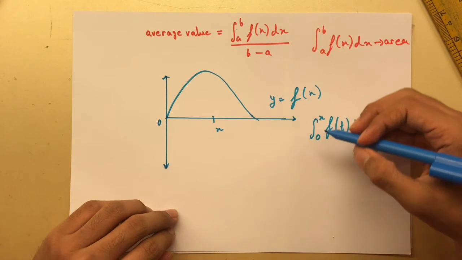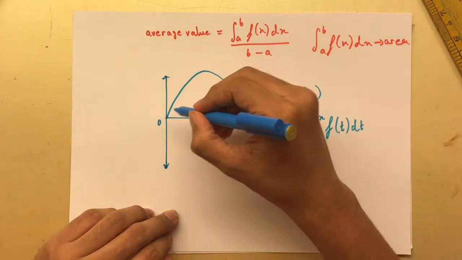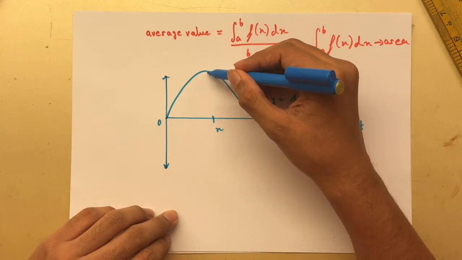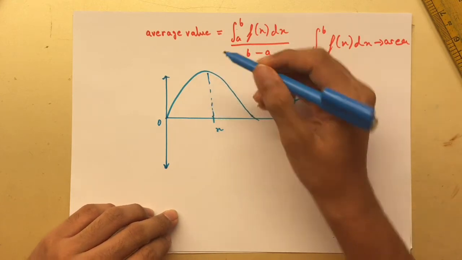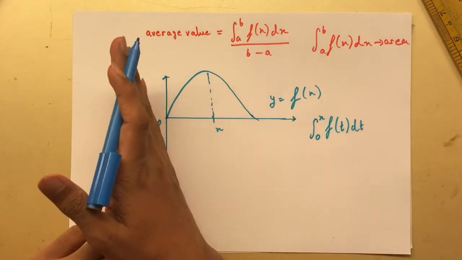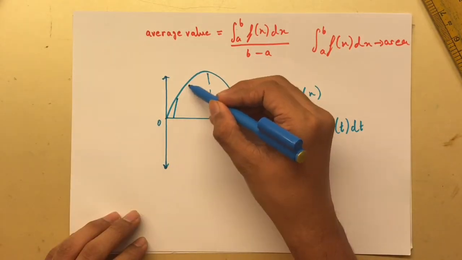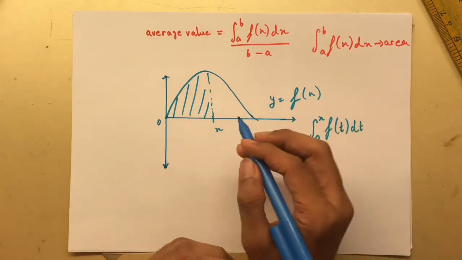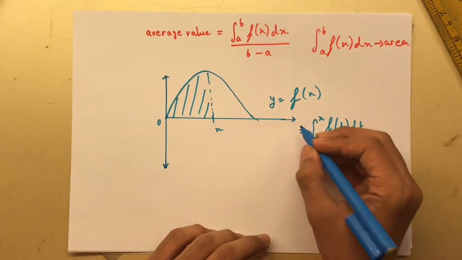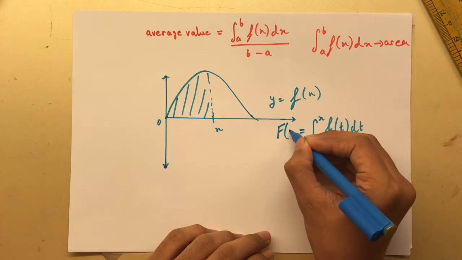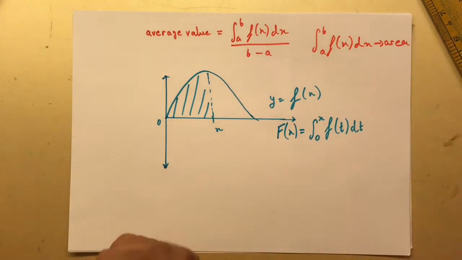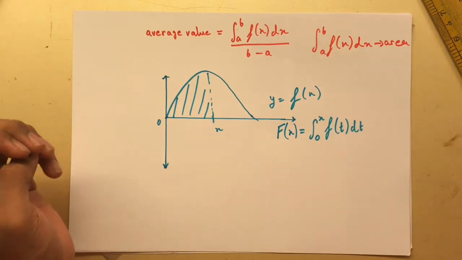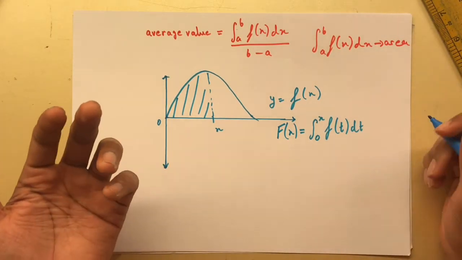Since this will be the integral from 0 to x, this will be the area under the graph from 0 to some point x, but this actually could be anywhere on the graph. For now we will look at it to be this area. Since this is continuously changing, we can say that that would be another continuous function F of x. This is an assumption that we're making, but since this would actually have a very long proof, we'll just assume that to be true.